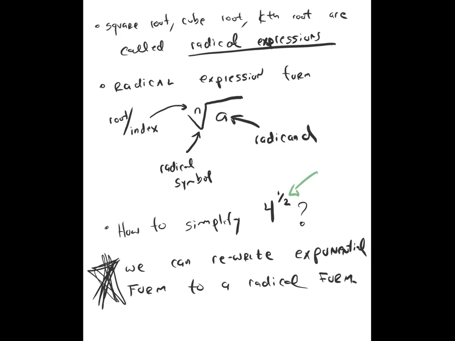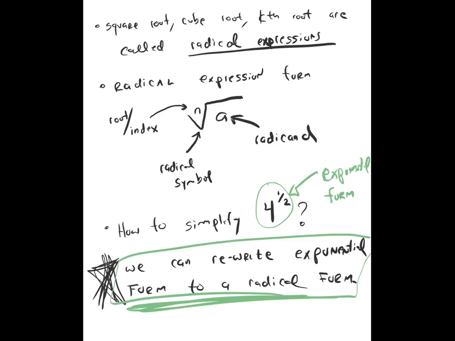Because this is exponential form. And according to what this is telling us, let's rewrite it so it looks like a radical. All right? That is what we're saying. So how do we do that, right? How do we do that is the real question.